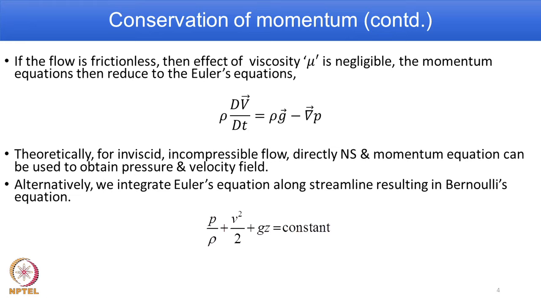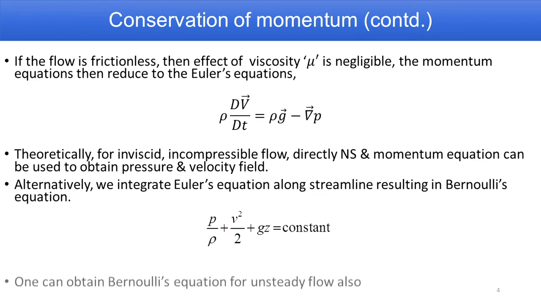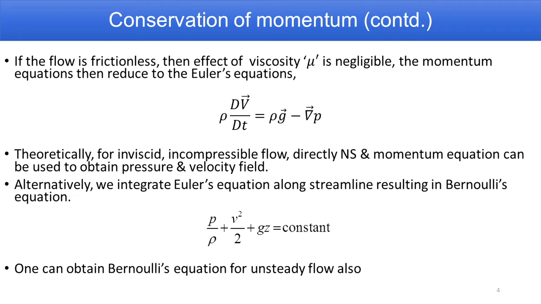So, if you integrate the Euler equation along a streamline, then you get Bernoulli's equation. The Euler equation is derived for frictionless flow, so Bernoulli's equation is restricted to frictionless flow only. You can also obtain Bernoulli's equation for unsteady flow.